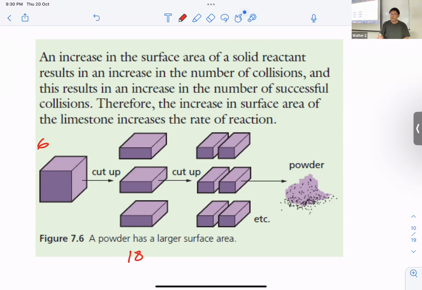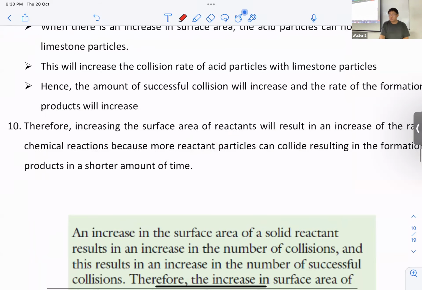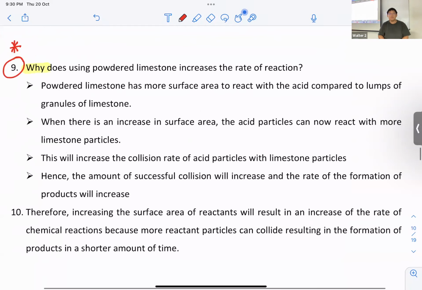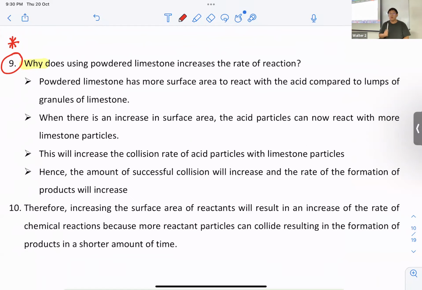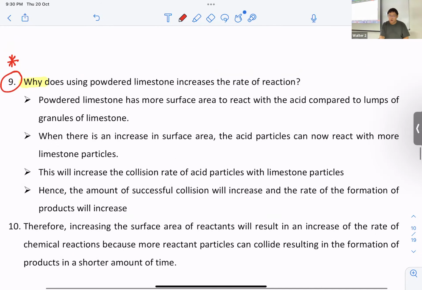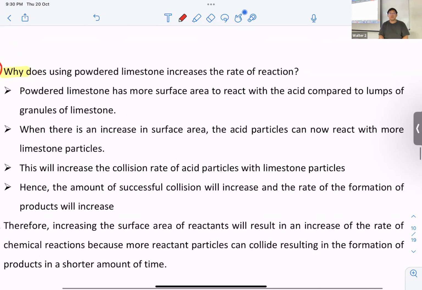So usually if this question comes out and asks you to explain in terms of mechanism, you will need to explain for 2 to 3 marks. The 2 to 3 marks comes from explaining this whole thing in relation to collision theory. So you have to explain first of all why powdered limestone can react better with acid compared to lumps.